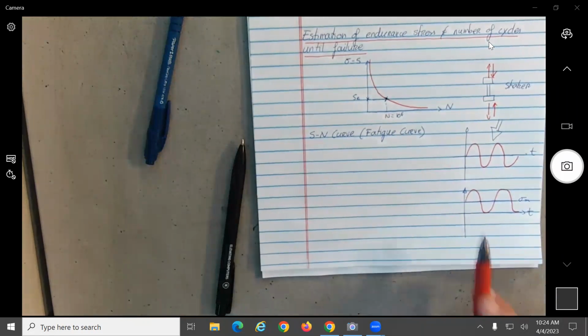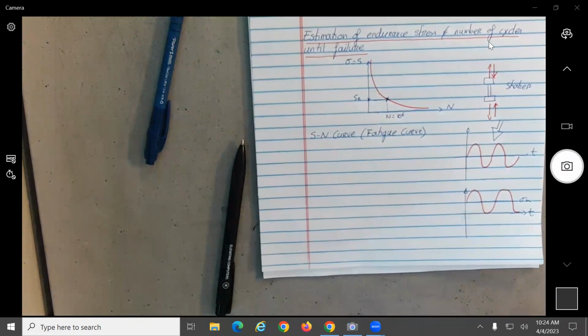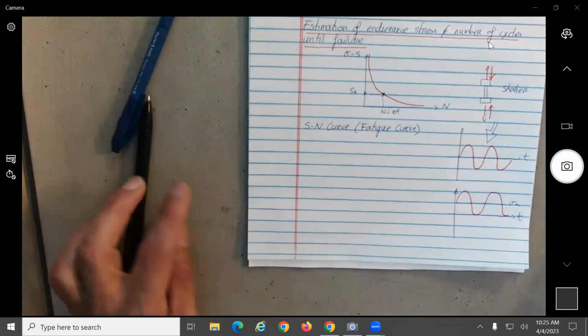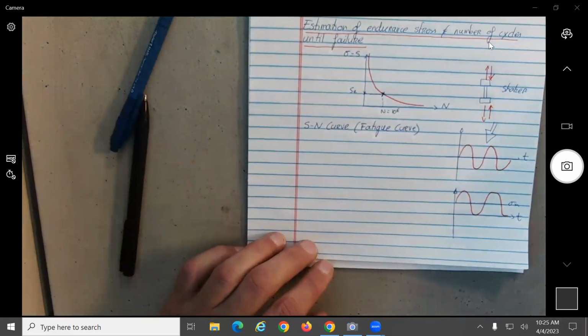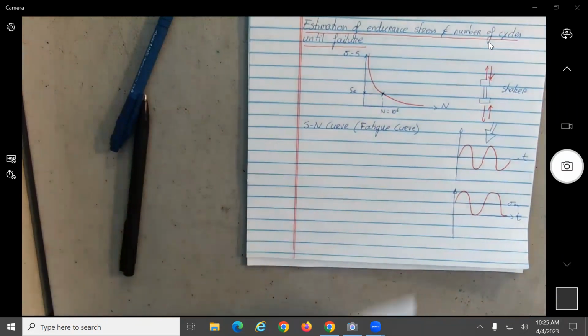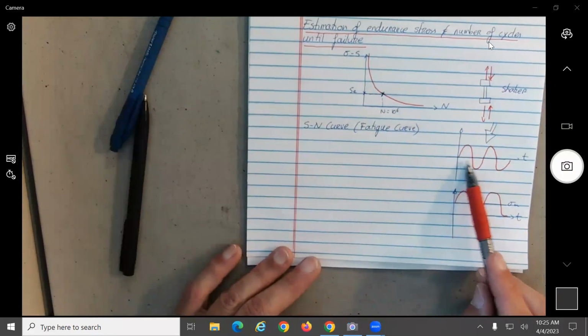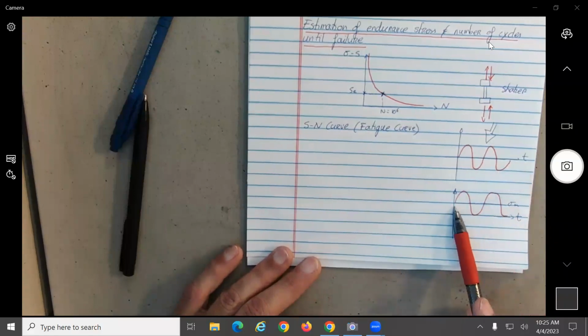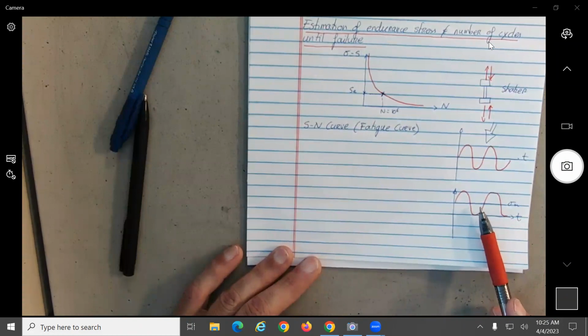So in this case, if this value is not too high, look at this figure over here. Now imagine this is the 0 stress. Let's say you put a certain amount of force initially on your coupon, and you do the same thing.